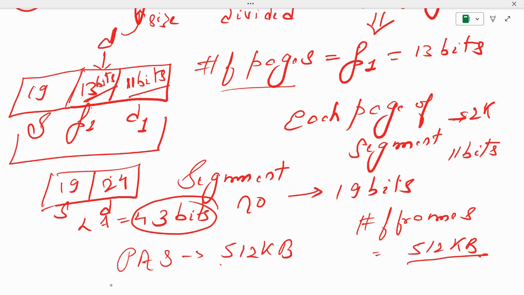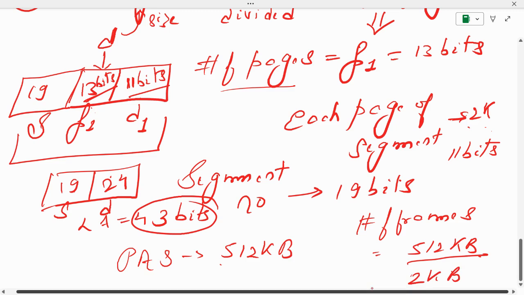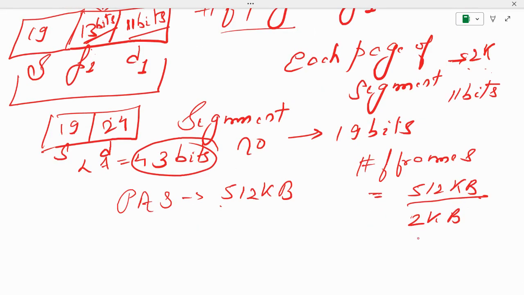So each page has a size of 2 KB. So the number of frames becomes 256.